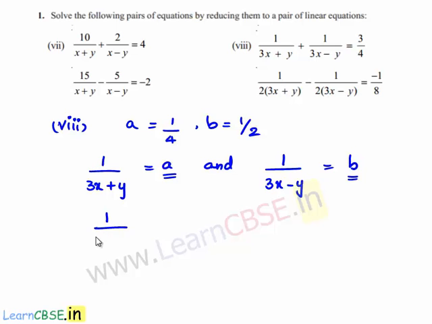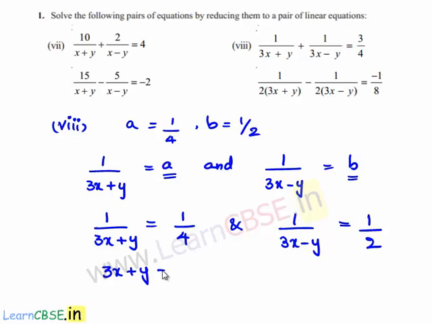So this equation changes as 1 by 3x plus y is equal to 1 by 4 and 1 by 3x minus y is equal to 1 by 2. On cross multiplication, we get 3x plus y is equal to 4 and 3x minus y is equal to 2. Name this equation as third equation and this equation as fourth equation.